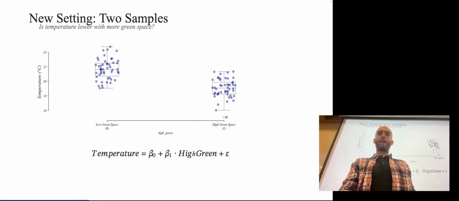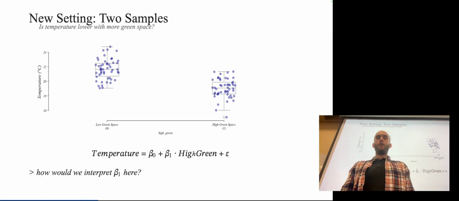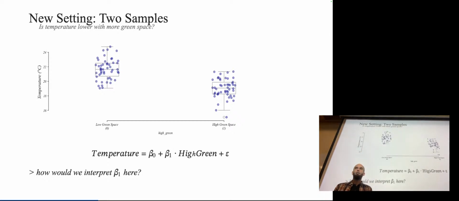Okay, second question. How do we interpret beta 1? Just classically. Someone just give me a textbook definition here, beta 1.